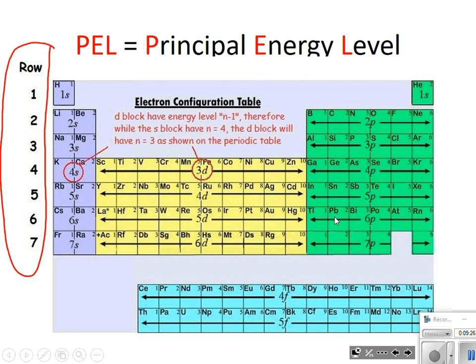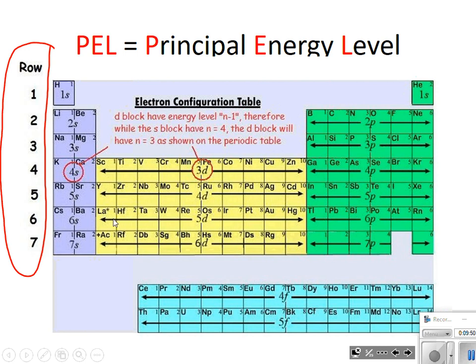All right. Now, what you're going to see here is based on overlapping and stuff that occurs, the numbers are going to be a little bit different. It's not quite that easy to say, all right, since the lanthanide series fits right in here, they're going to be on energy level 6.